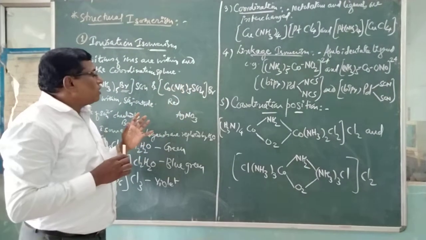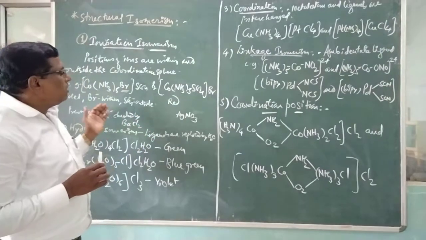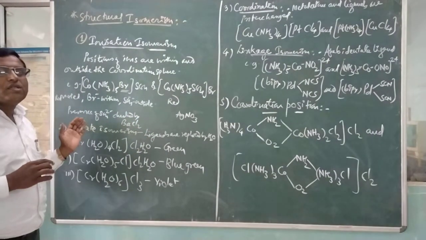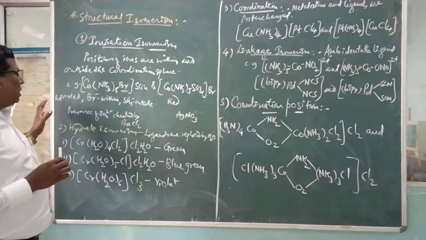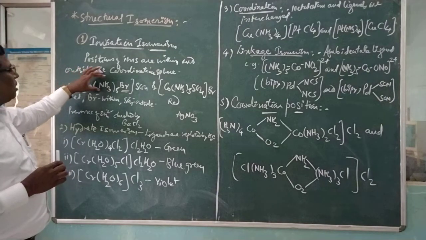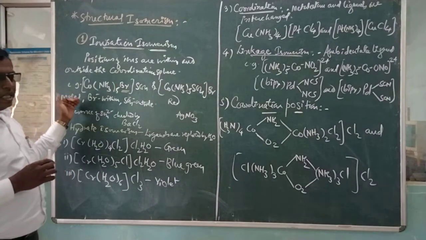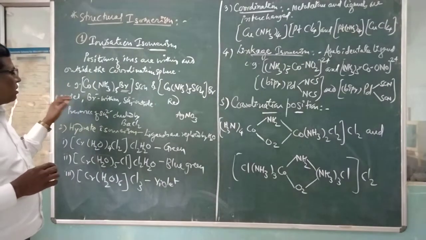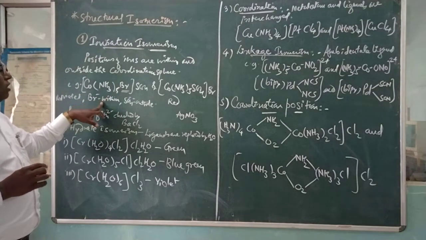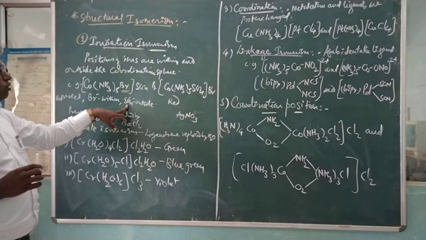Now when we take such complexes, they show differences. The first complex, Co(NH3)5Br SO4, is red violet, and in this complex Br is within the coordination sphere and SO4 is outside.